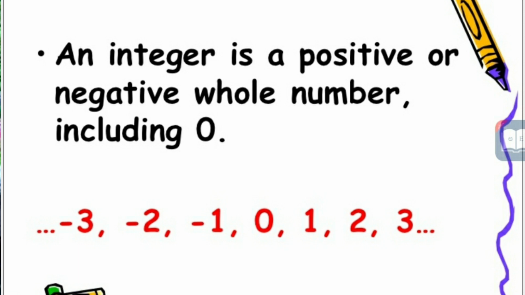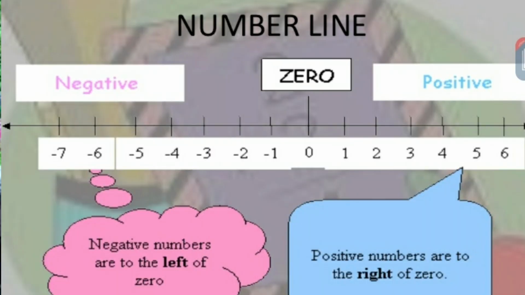Now, how to represent the given numbers on your number line. For examples, first I will consider plus 5. On your number line, first you draw one number line and make equal divided parts. The center is 0.